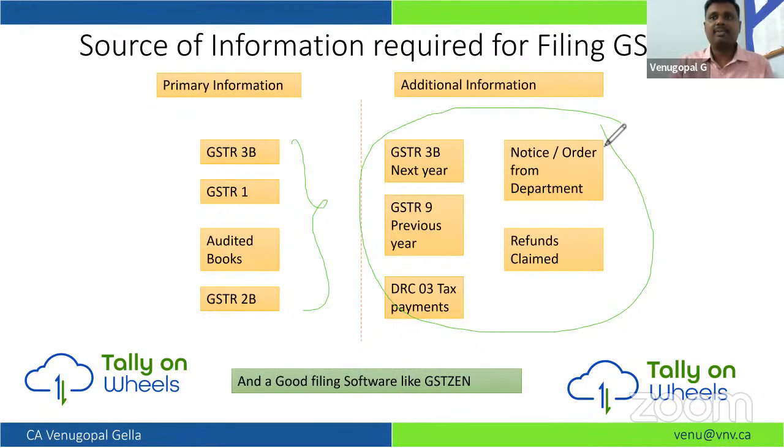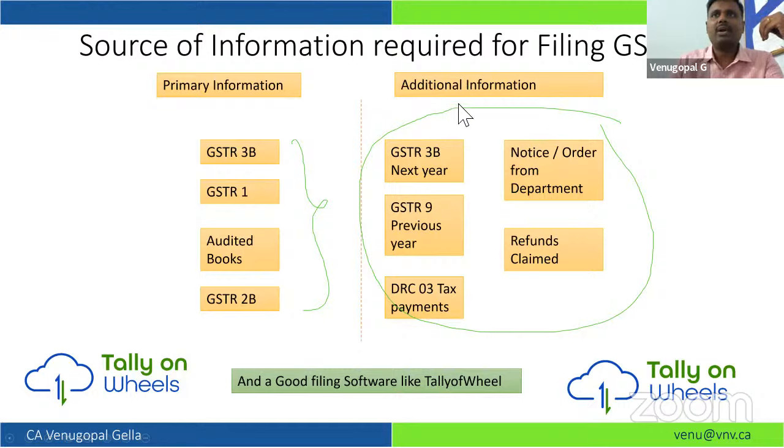Then the notices that you have received from the department and what is the action that you have taken, the refunds that you have claimed, the GSTR 9 of the previous year, DRC 03 tax payments.